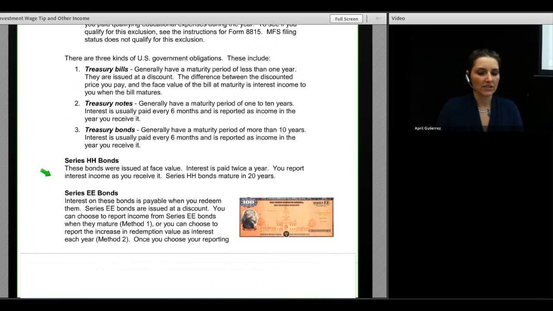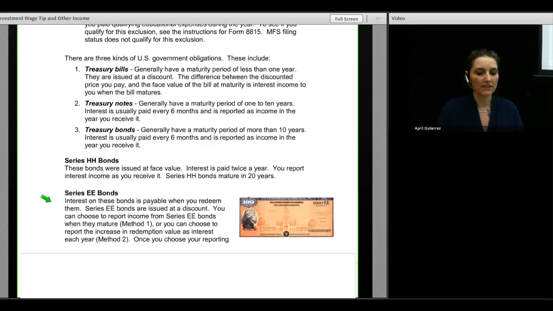And we've got Series HH and Series EE bonds. And the relevance of these bonds is that the very first year in your life where you ever purchase a U.S. savings bond, you make an election at that time on how you're going to report the interest. You make an election under Method 1 or under Method 2, but the election must be made the first time in your life that you ever acquire these bonds.